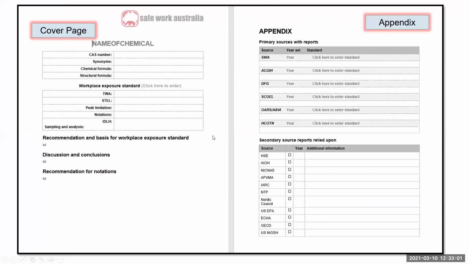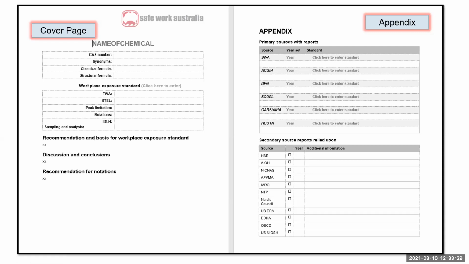This is a blank template. This is how we received it. This is the cover page, where the chemical specific information was recorded. I'm pretty sure some of you are reasonably familiar with some of these now, where the recommendations are made, where the summary of the information and data was presented. Then there were 3 appendices.